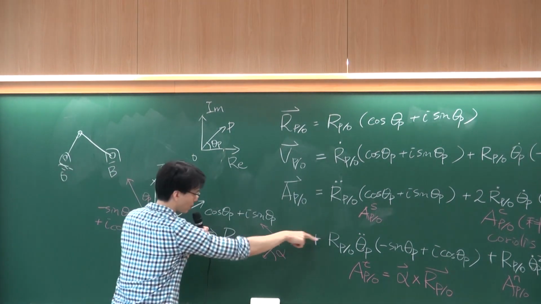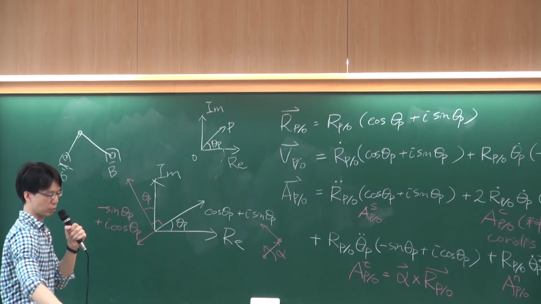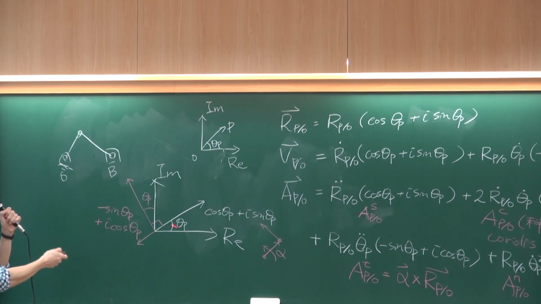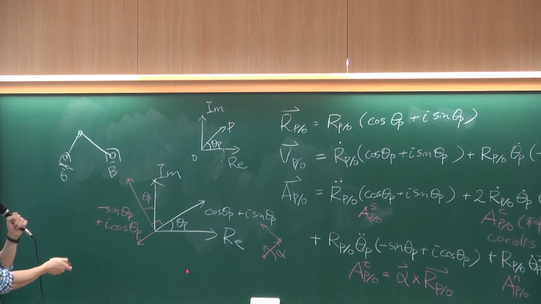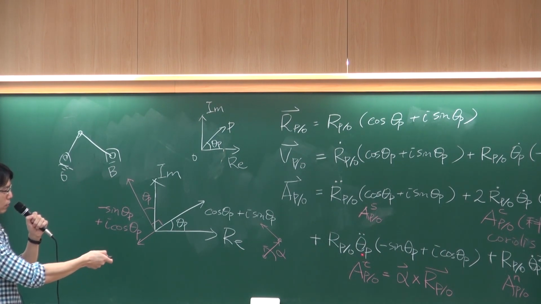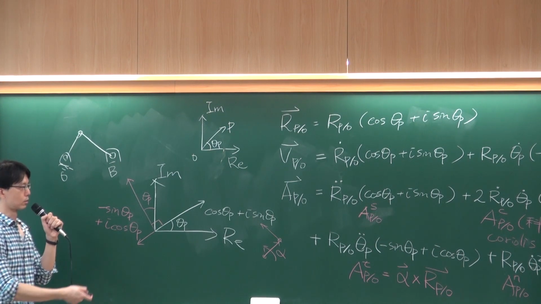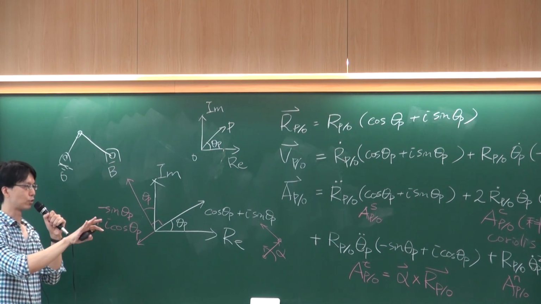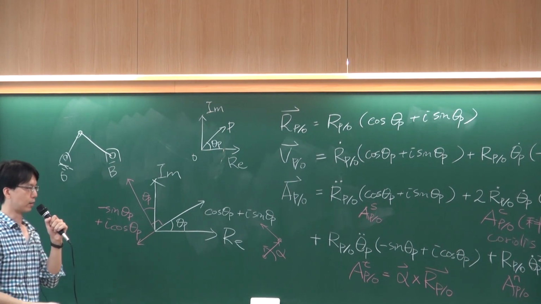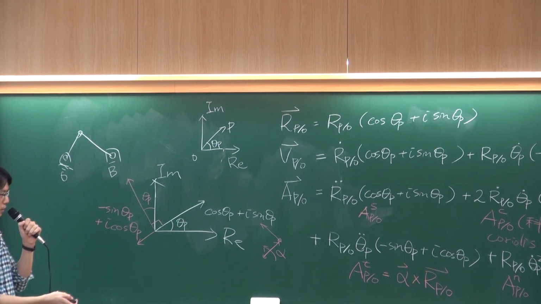If this one is minus, it will change to the reverse direction. So this one is either pointing in this direction or the other direction, depending on the sign of theta p double dot. So you need to pay attention to the direction of the acceleration because it's going to change the direction of the tangent component.